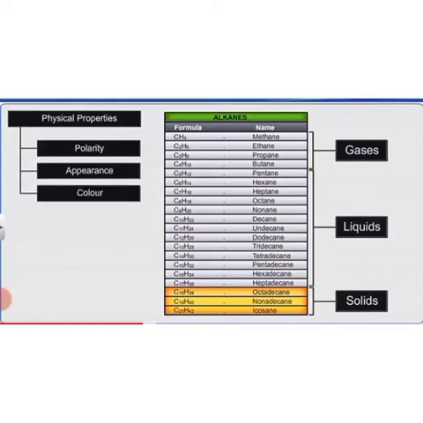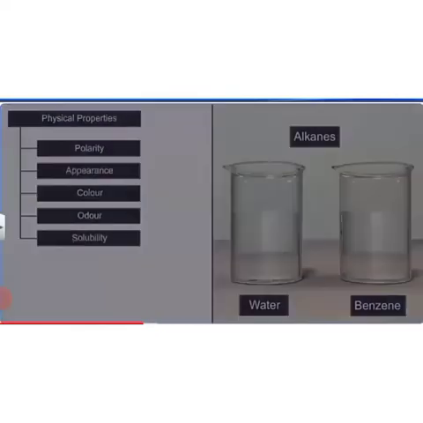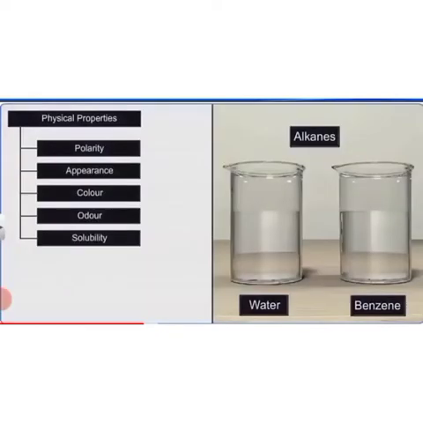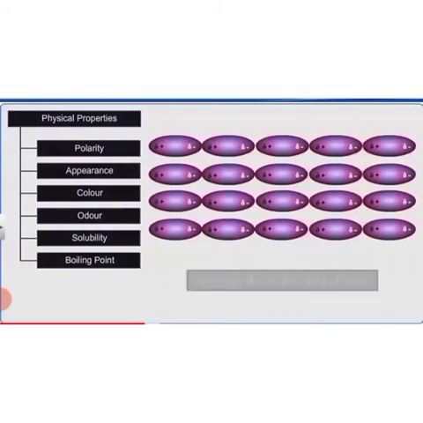They are all colorless and odorless. Due to their non-polar nature, these compounds are insoluble in polar solvents like water and soluble in non-polar solvents like benzene. Their boiling point is decided by the strength of the van der Waals force.